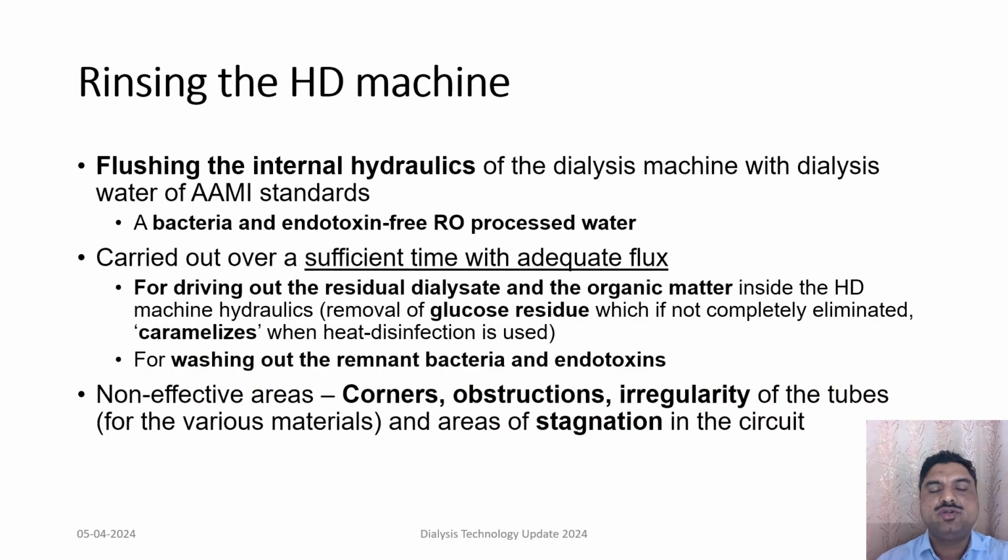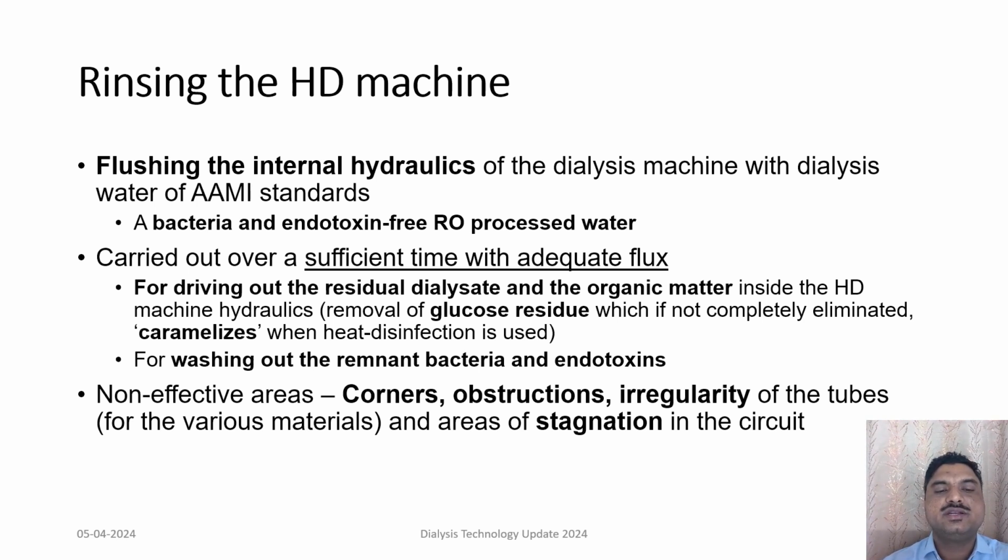The first step of disinfection is the rinsing of the HD machine. It is basically the flushing of the internal hydraulics of the dialysis machine with dialysis water of a high standard, that means bacteria and endotoxin free RO processed water. This rinsing has to be done for a sufficient period of time with adequate flux of water.